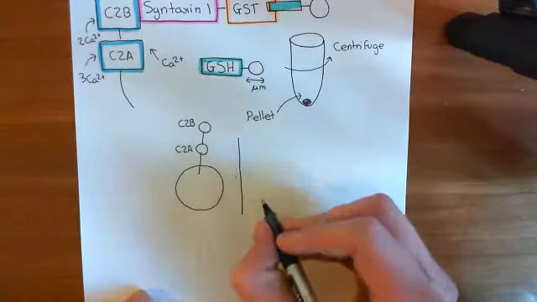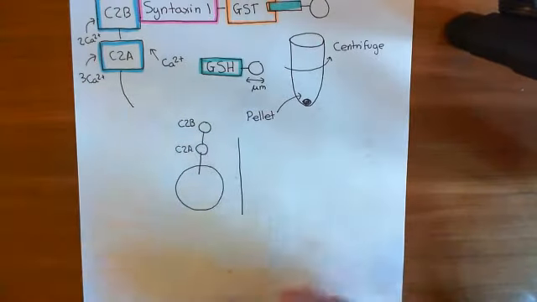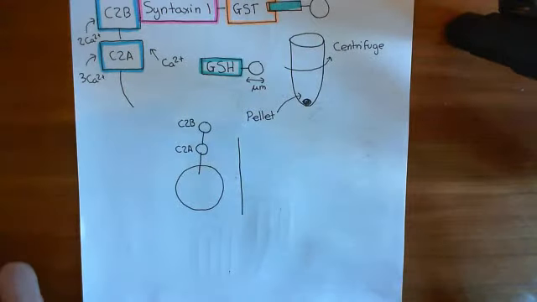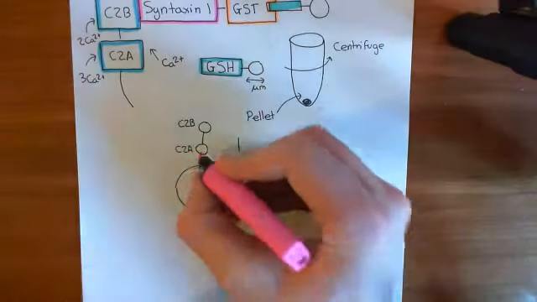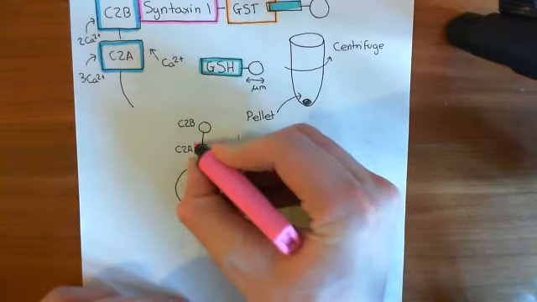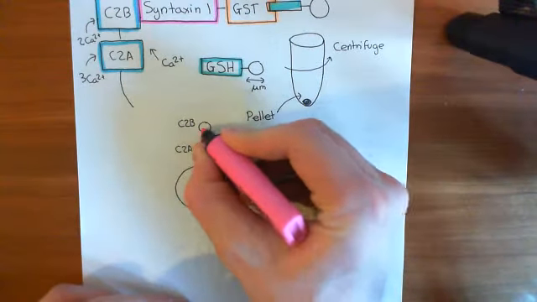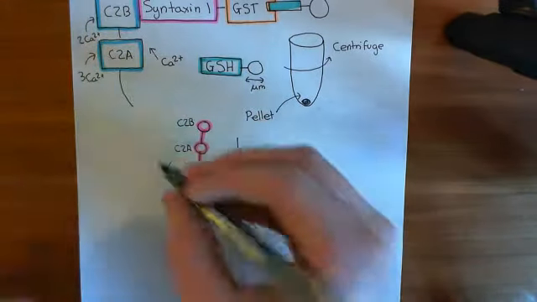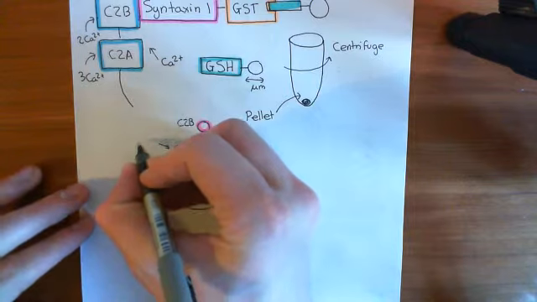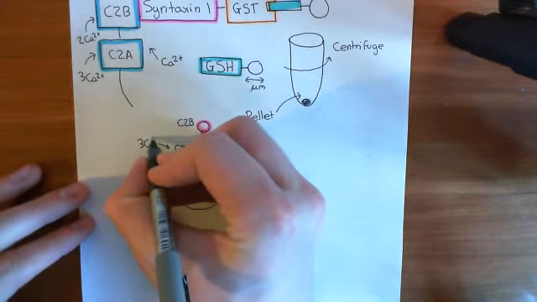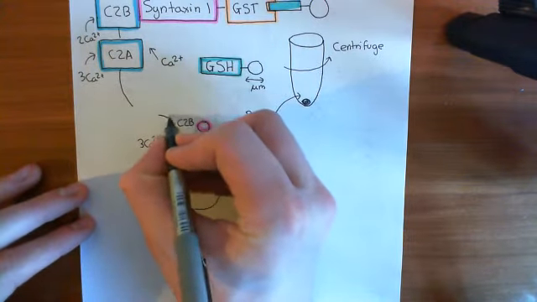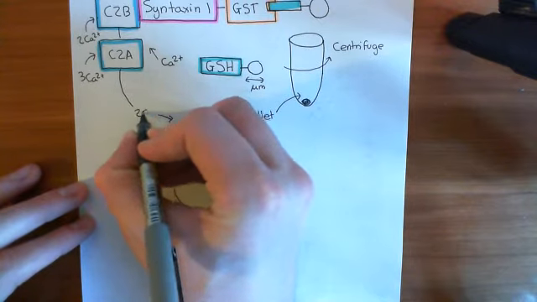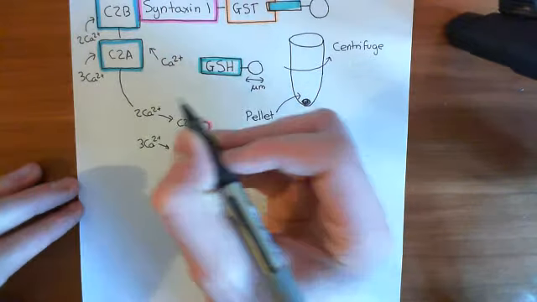When calcium goes up in the cytoplasm, we have already seen that calcium is going to bind to the C2A and the C2B domains of synaptotagmin. So free calciums are going to bind to C2A, and 2 calciums are going to bind to C2B, okay, right.